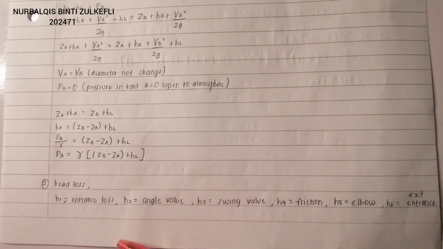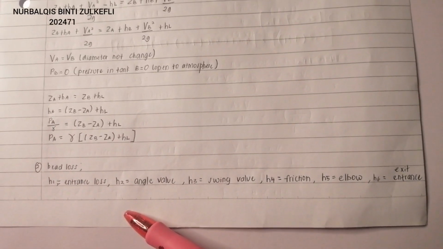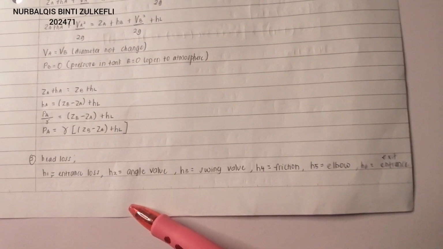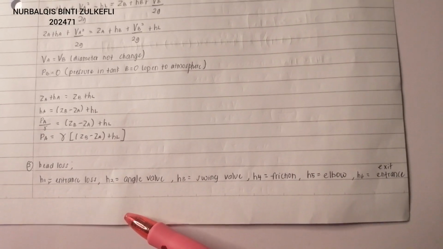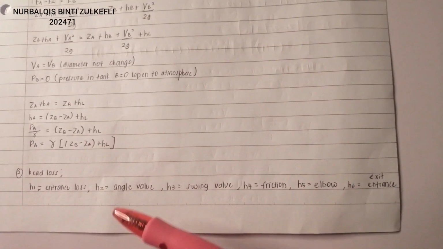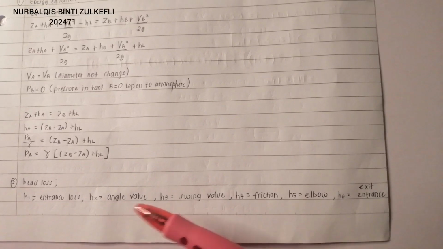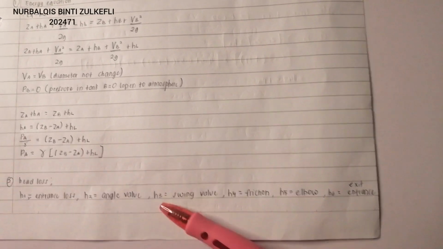Step 2, we must calculate head loss to find pressure A. So head loss, or HL, is equal to H1 plus H2 plus H3 plus H4 plus H5 plus H6.